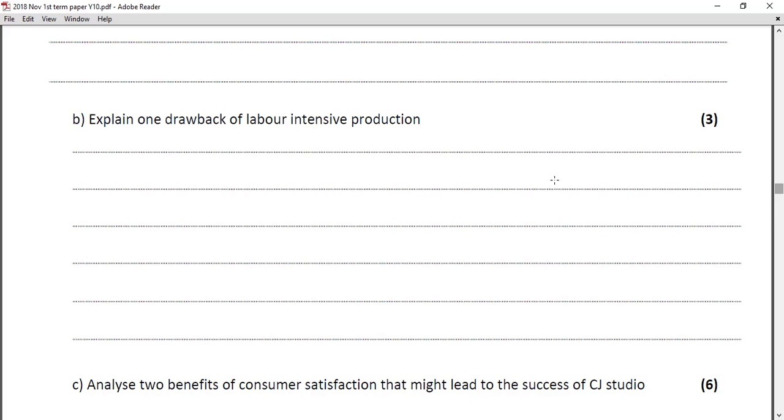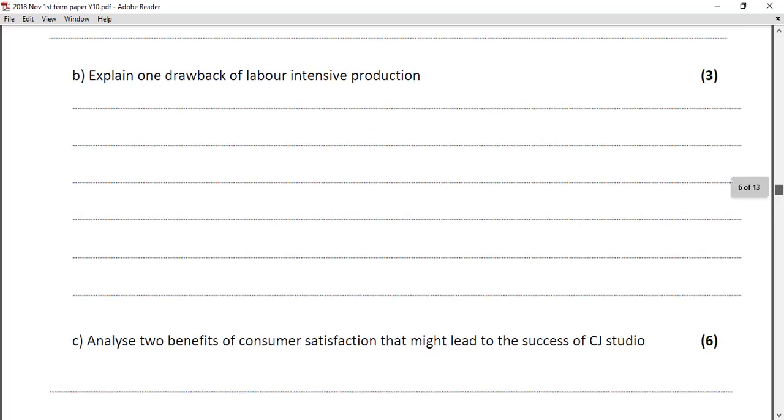This is the chapter I show you, chapter 44 in the textbook, the factors of production. There we talk about labor-intensive and capital-intensive. Then you can find the advantages and disadvantages of labor-intensive as well as capital-intensive, right? So that's why you have to read everything up to that chapter.